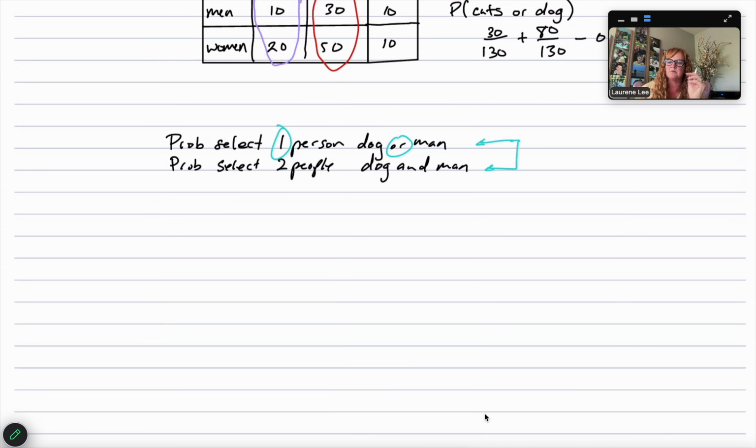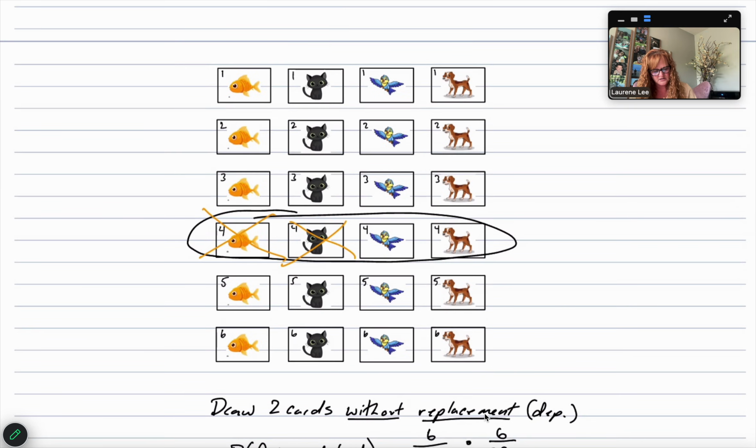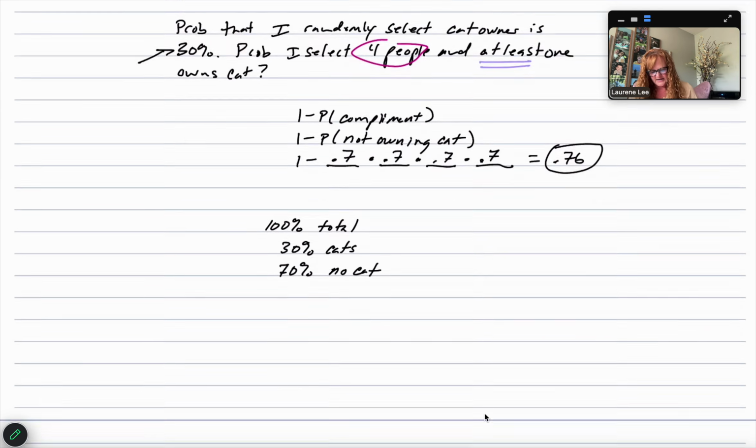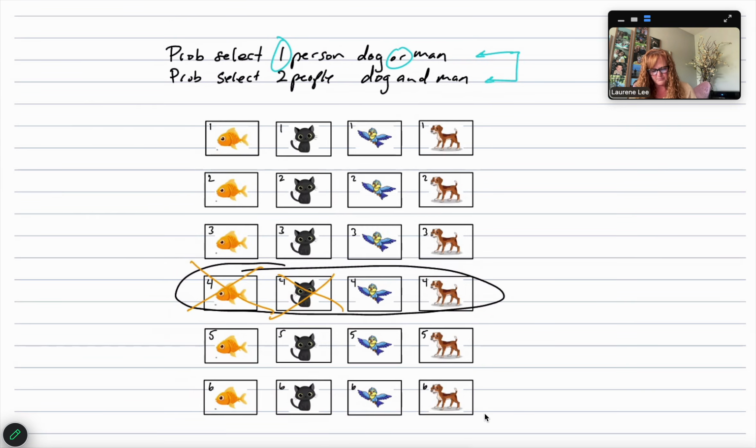Some of your problems also on, well, let's do a card problem. Let's pull down our set of cards here again that we've used in the past. I've got 1s through 6s, and each of those cards has either a fish, a cat, a bird, or a dog on it.